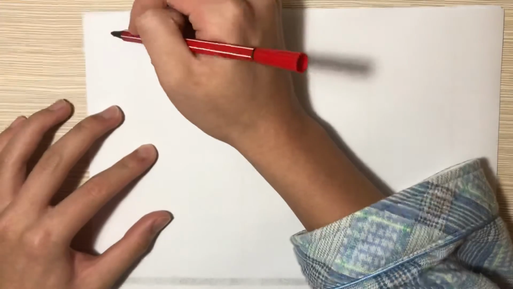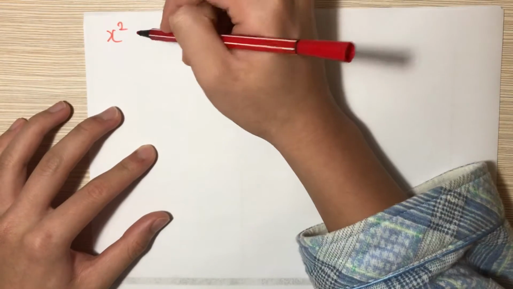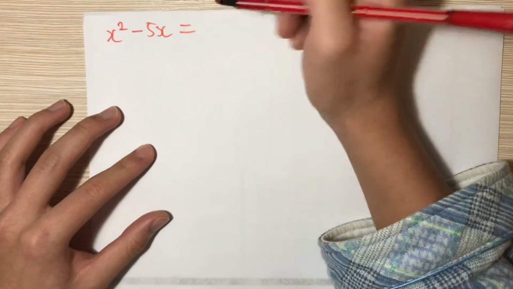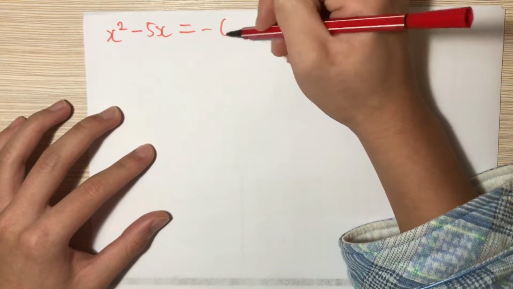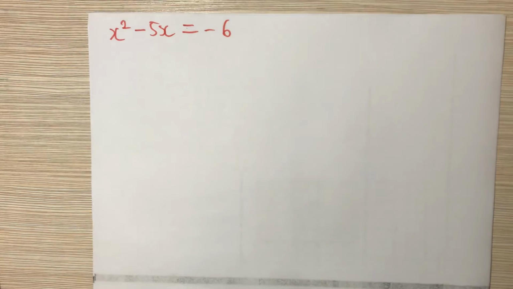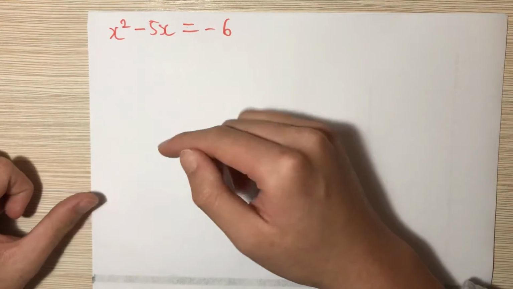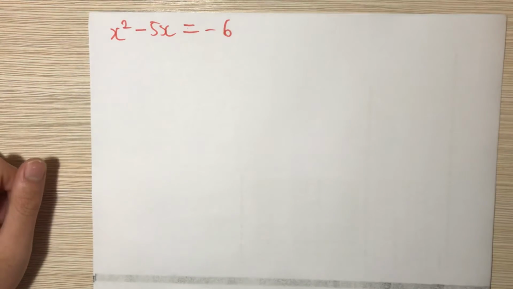Yesterday, my friend, a Form 2 student in Hong Kong, asked me how to solve this equation: x squared minus 5x is equal to -6. He said that he used his current knowledge, but he can't solve this equation at all.